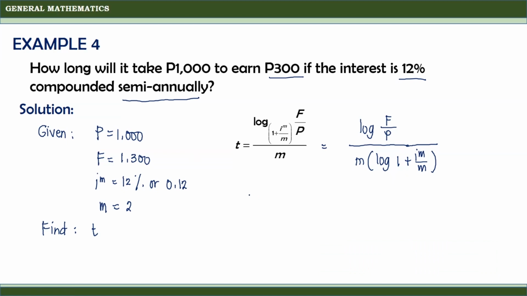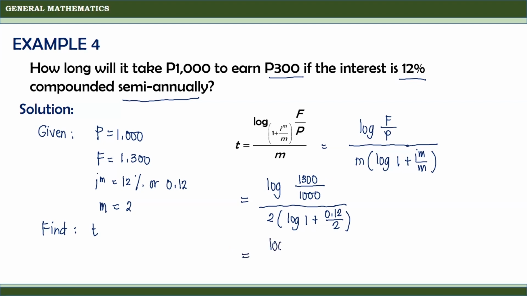Then by substitution, we will have logarithm of 1,300 divided by 1,000, all over 2 times logarithm of 1 plus 0.12 divided by 2. What we need to simplify first are 1,300 divided by 1,000 and 0.12 divided by 2.